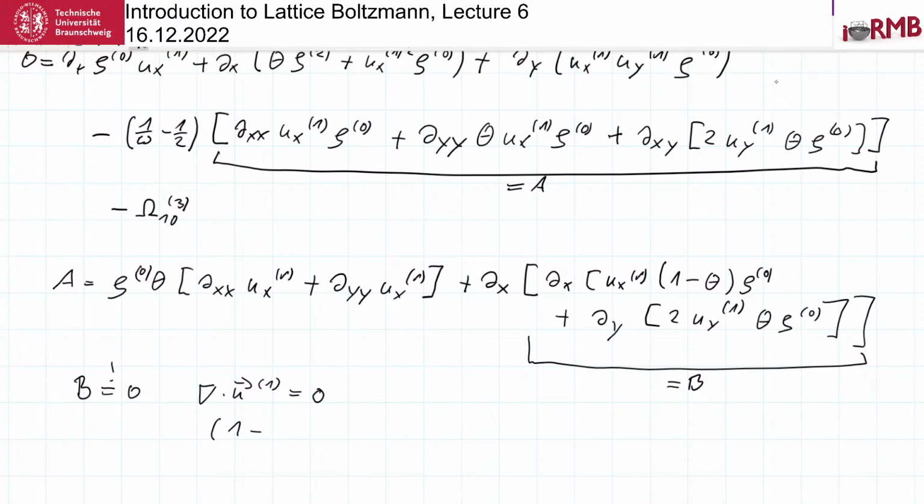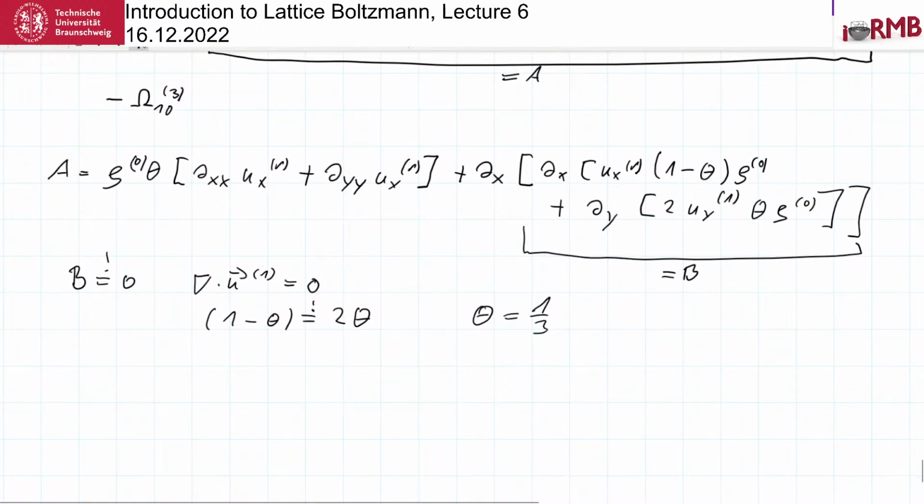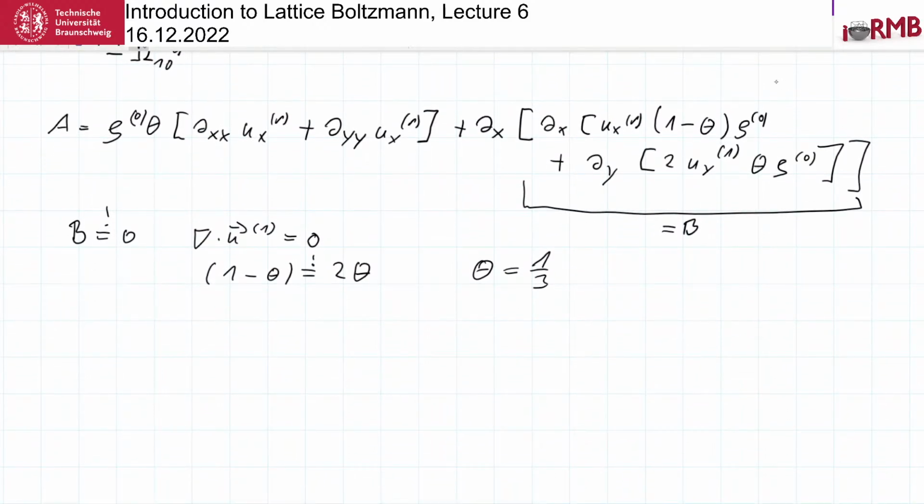So if we have 1 minus theta being equal to 2 theta, then B will disappear, right? And this is the case if theta is, as we already derived in a different way, equal to 1/3.